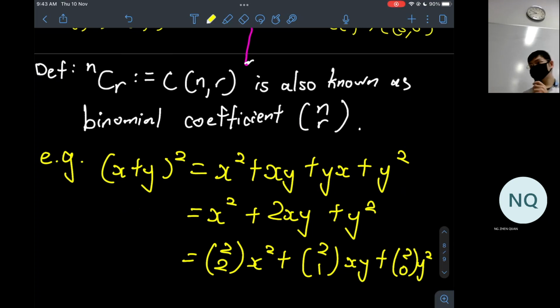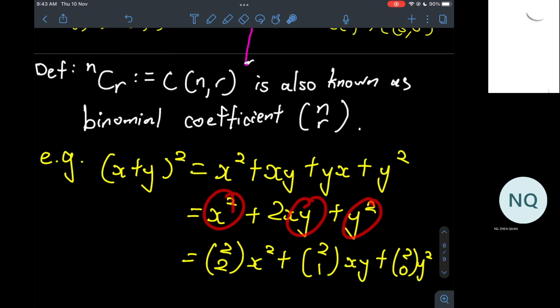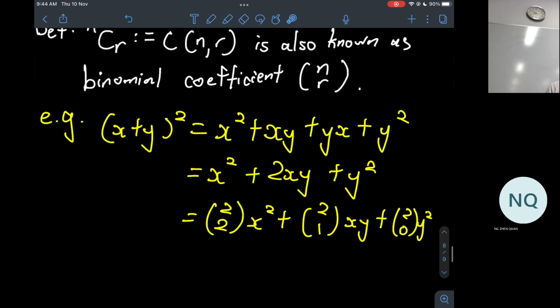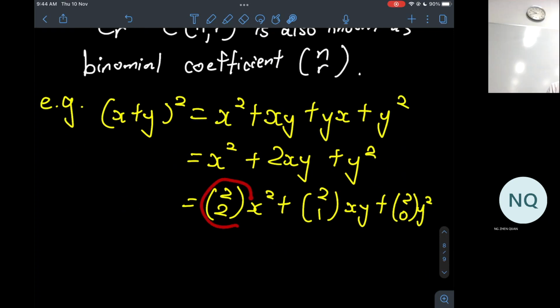Binomial coefficients are the coefficients of these monomials. Binomial here is because you're expanding the sum of two different monomials to power n. So what is the 2 here?